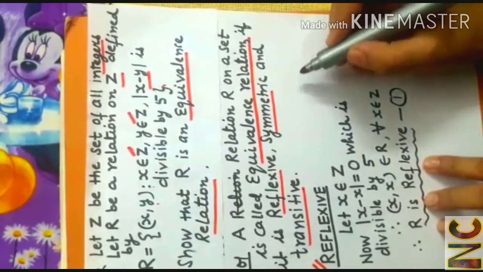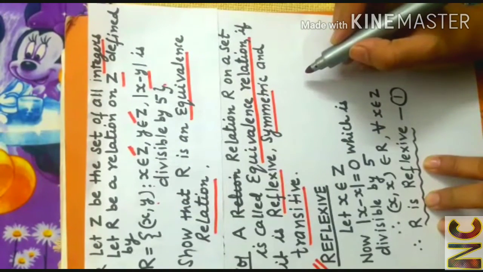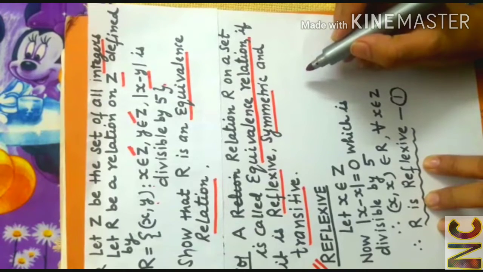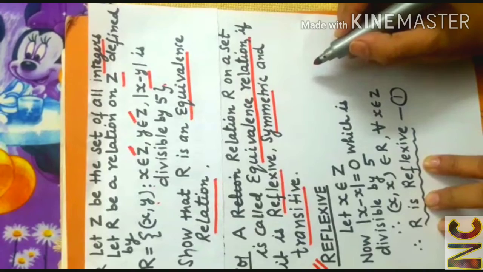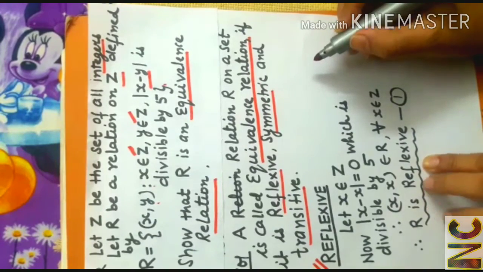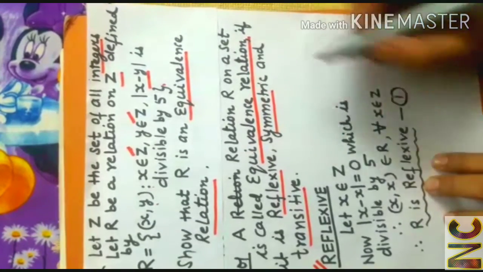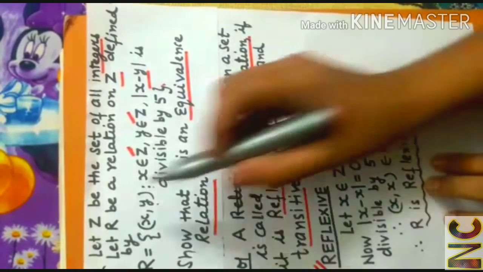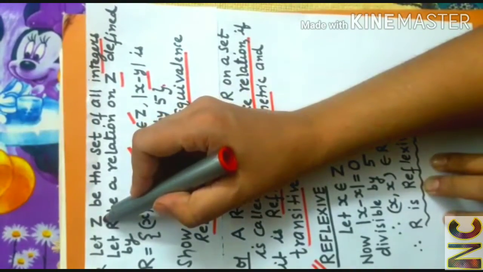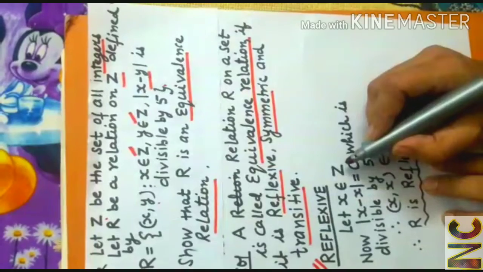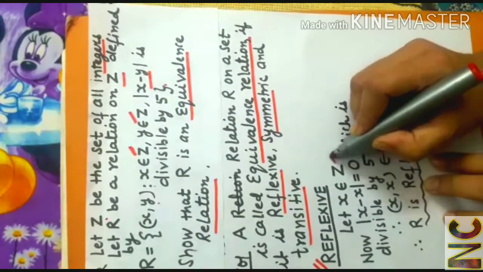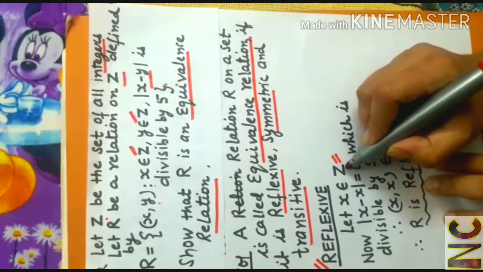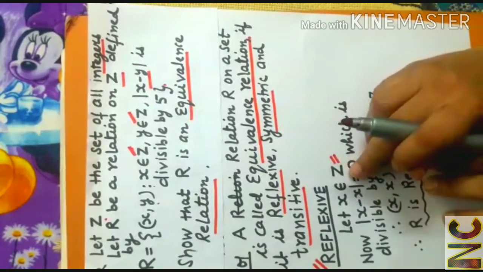We know that a relation R is said to be reflexive if every element is related to itself. So here the relation is defined on the set of integers. So I need to show that every element of this set, that is Z, is related to itself.